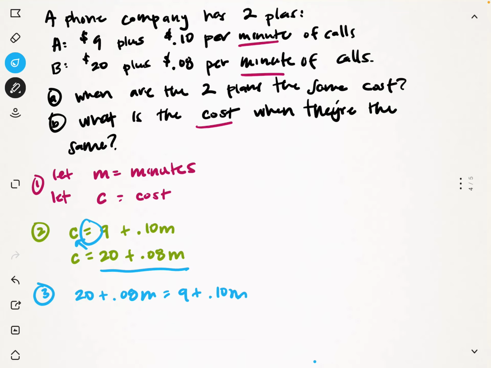Okay, so let's move our 0.08 m over. At the same time, we can move our 9 over. So 20 minus 9 is 11, and 0.10 minus 0.08 is 0.02 m.